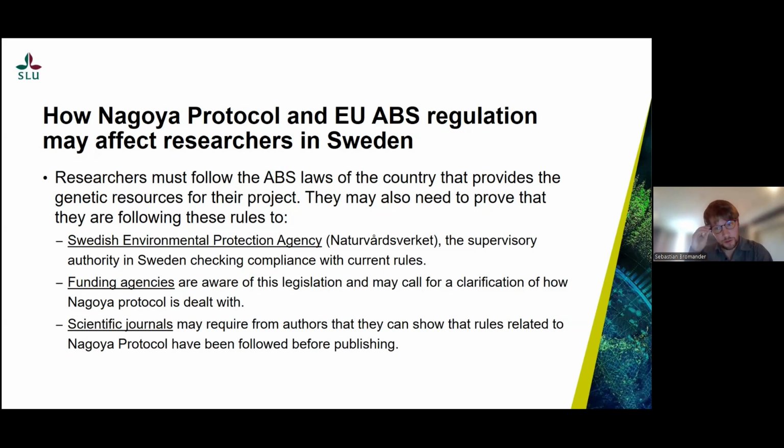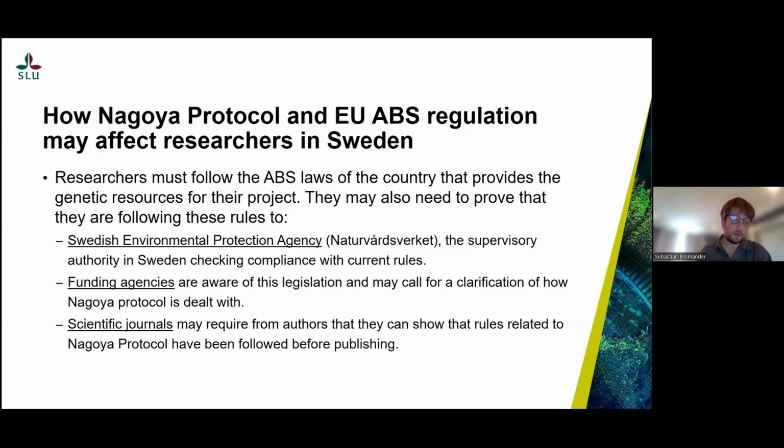They are more and more aware of this, and they may call for a clarification on how specific projects are going to comply with the Nagoya Protocol rules. Also to mention are the journals and publication.